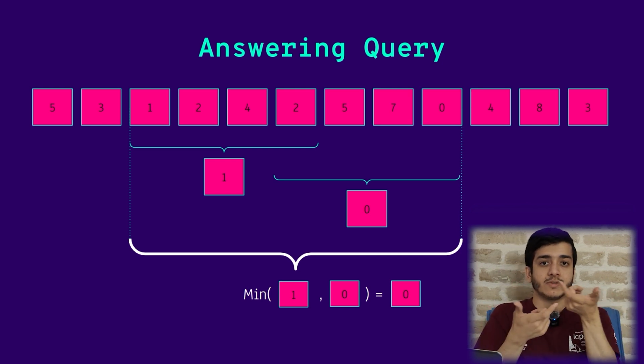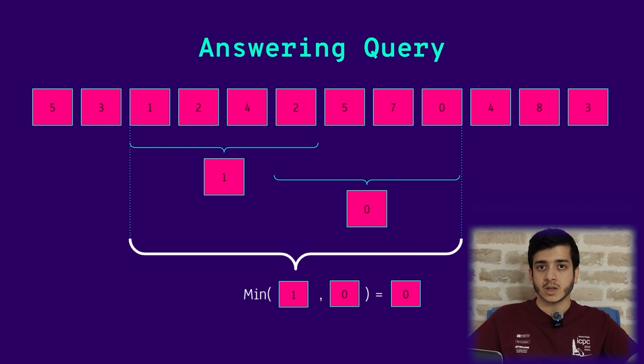So the minimum of these two ranges will be equal to the minimum of the range of the query. So we can answer queries in just O(1). That's it. Soon we will dive into the implementation to see all these stories in our code.